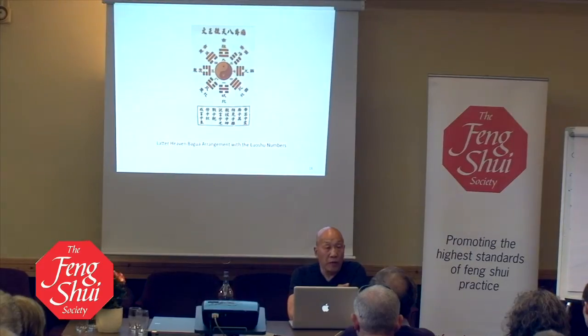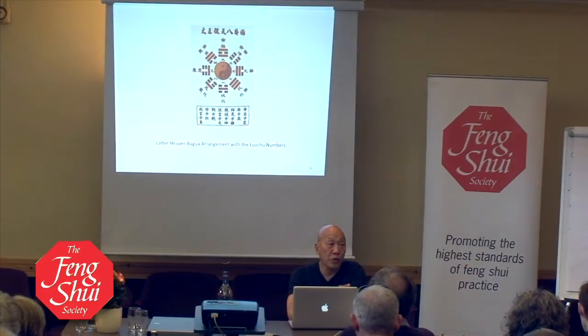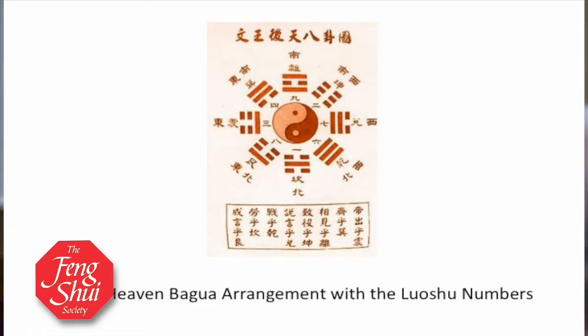So you have a trigram, a direction, and a number. And in the trigram, there are a lot of correlations: to family relationships, to natural phenomena, to the weather, to body parts, to the organs. Through correlation, we get an idea of what's happening in the situation.